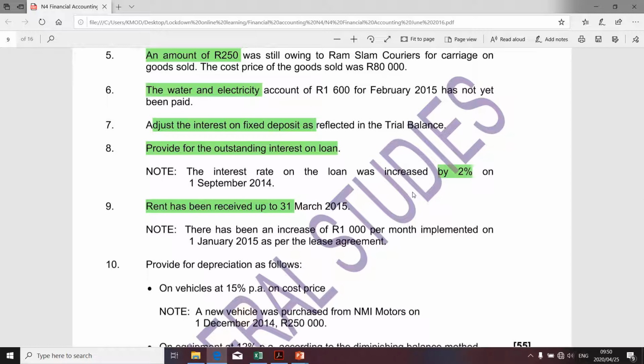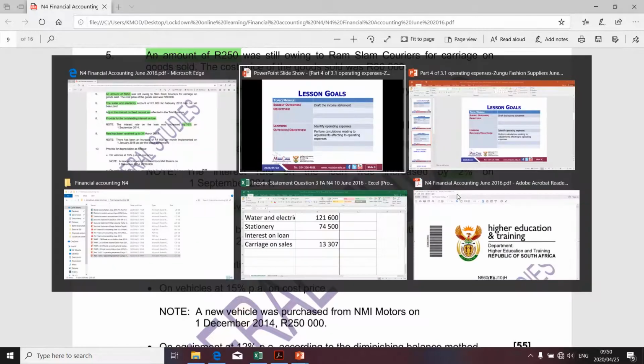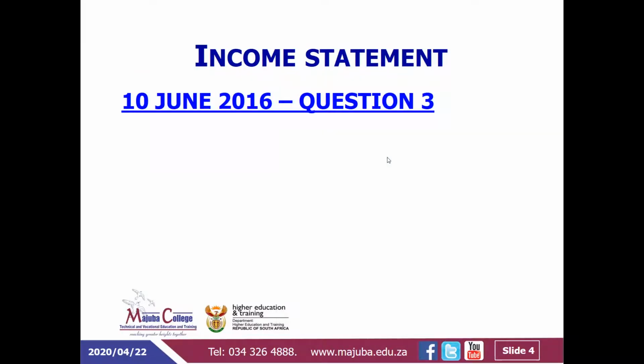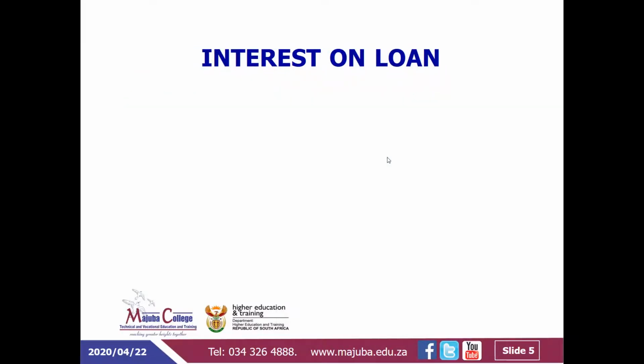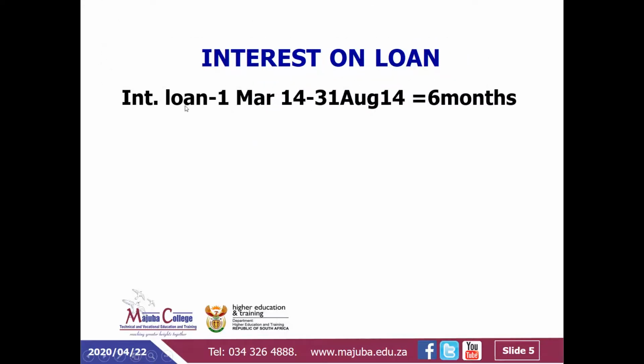So we need to determine the interest rate before they effected the increment of the 2%. I'm going to take you to the calculation slide quickly. Let's find the calculation relating to the interest on loan. That's the interest on loan.